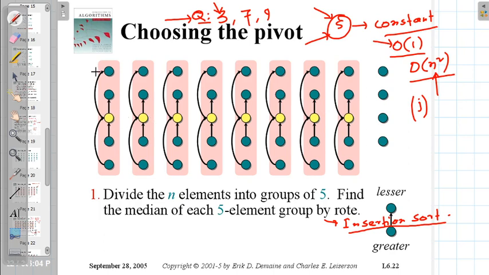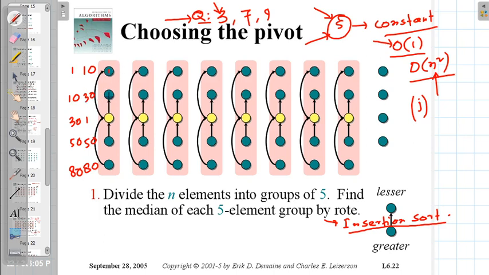Say we had these elements 10, 30, 1, 50, then 80. Now we have to sort these by insertion sort, so it will be coming as 1, then 10, then 30, then 50, then 80.